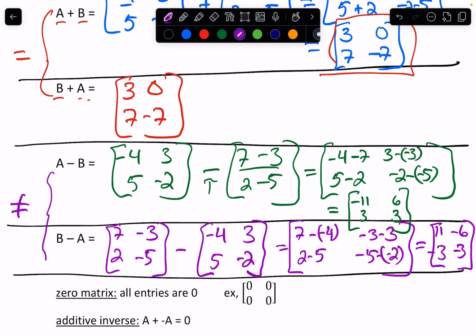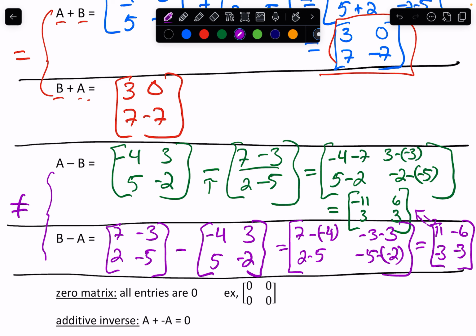You can see that negative sign right there is with the 3. So what happened here if we compare these? The signs flipped. But again, you can't think that A minus B and B minus A is the same thing.